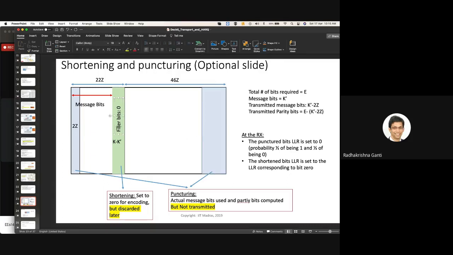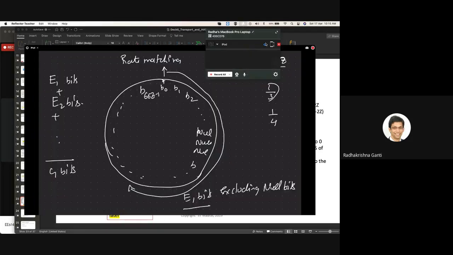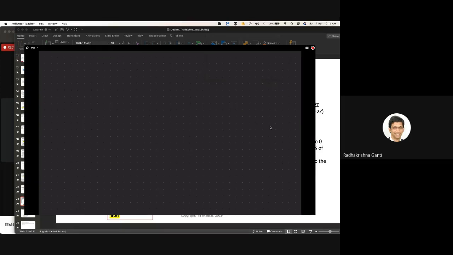Okay. So there's one small thing: I'm going to take 5 minutes and explain how the decoder works. What is a modern decoder? What is meant by LLR? So you look at the encoder. What does the encoder do?